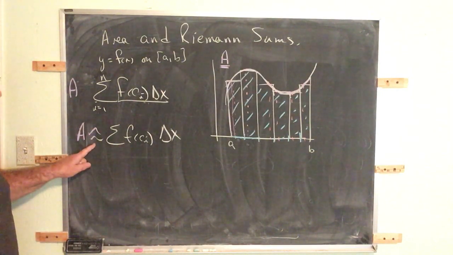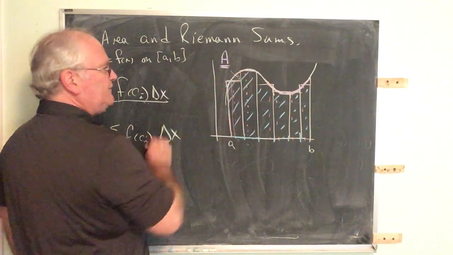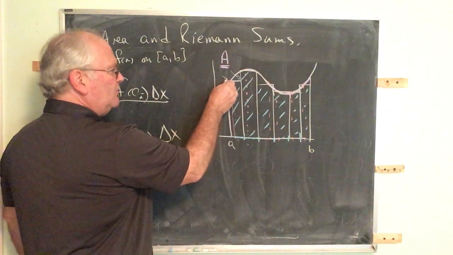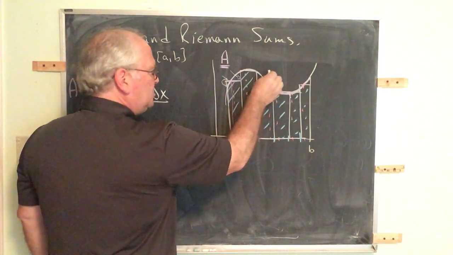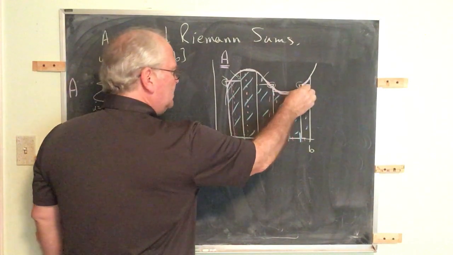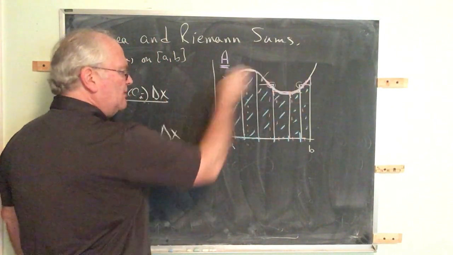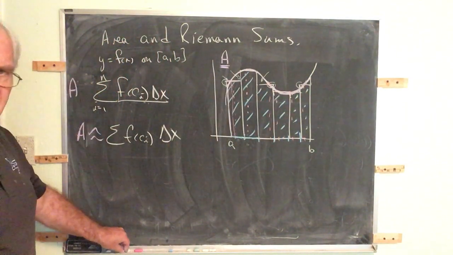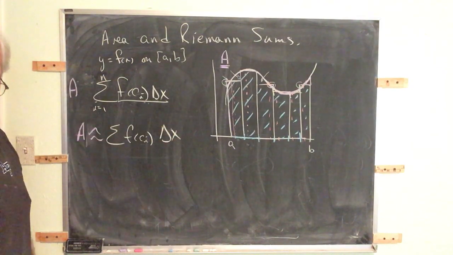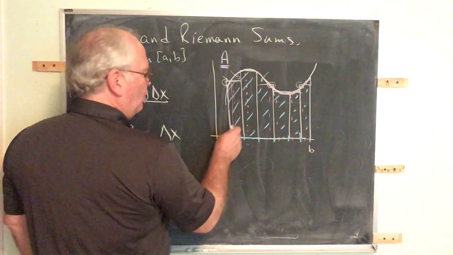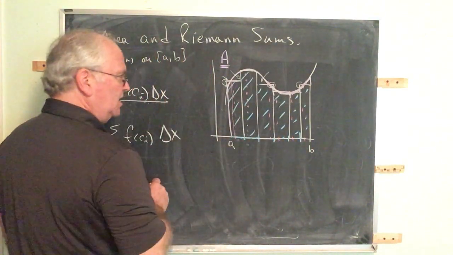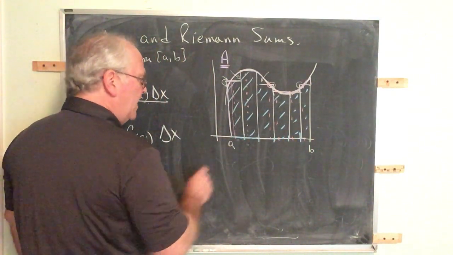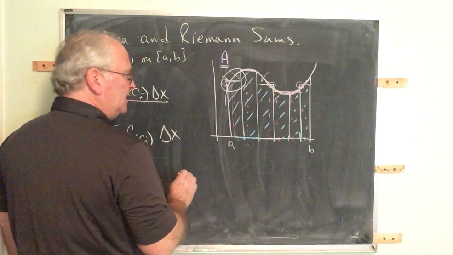Why is it only an approximation? Well, look, because we have this little leftover bit, and we have too much over here, and a little bit too much here and not enough here, and a little bit too much here and not enough here. It's only an approximation. The question is, how could we make this approximation better? Well, if we take a refinement of the partition, let's just look at this little piece edge on.